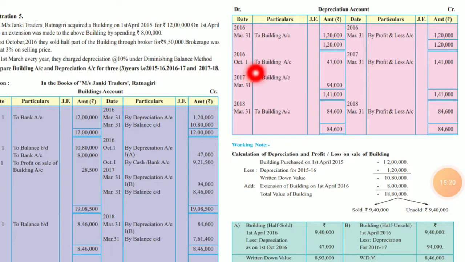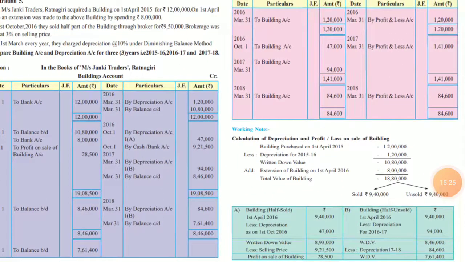This is when the building was sold. That time the depreciation was to building account 47,000, to building account 94,000. So total of both, that is 47,000 plus 94,000, will give us 1,41,000. So 2017 March 31 by profit and loss account 1,41,000.